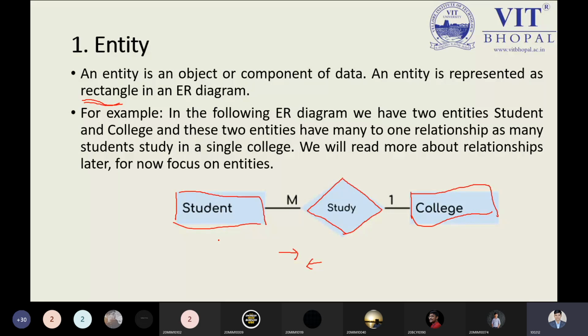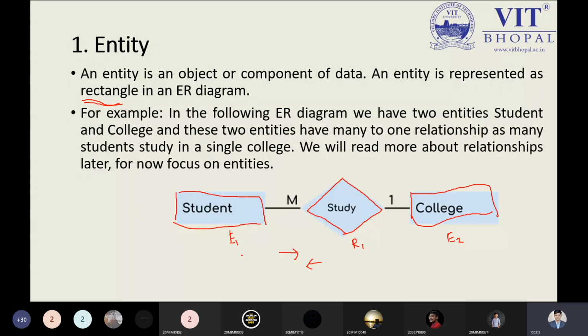For understanding, I am just writing E1, E2, but you are not required to write these during the exam. For explaining purposes, I am writing E1, E2 and nothing special. And this is our relationship R1, suppose. E1 is one entity, E2 is another entity, and they have their own names, student and college. Student and college are two different entities, represented by rectangular boxes.